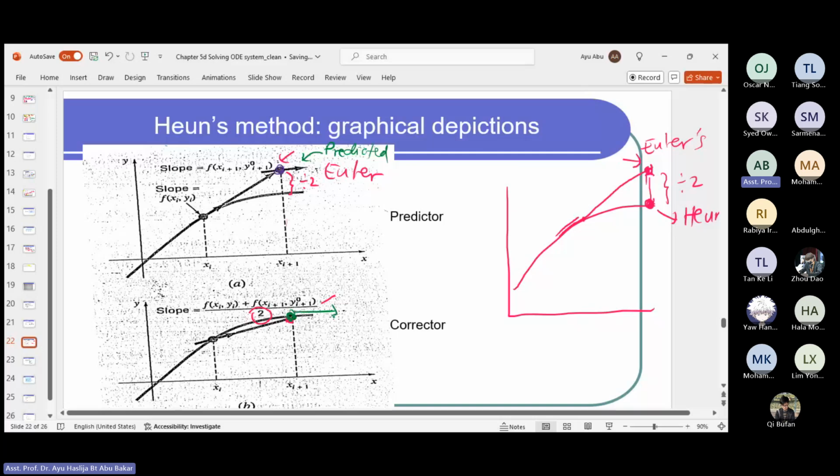So using Heun's method, you will get a value that is closer to the true value. In fact, it can get up to exactly the true value. Heun's is the corrector. Euler's is the predictor, Heun's is the corrector.